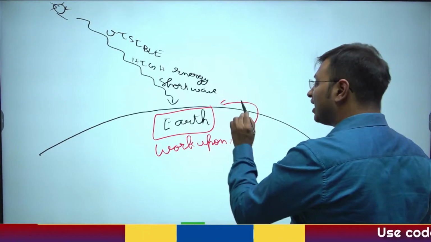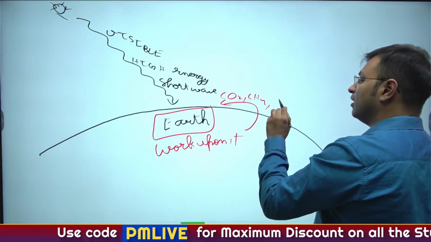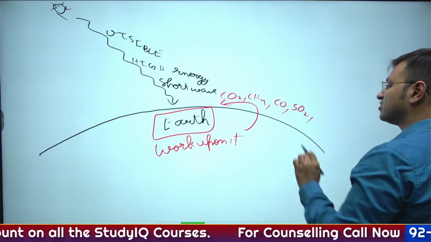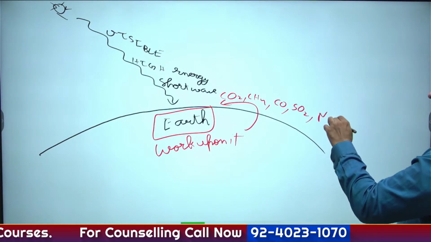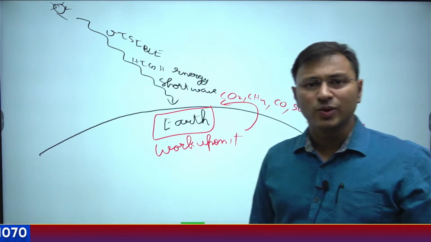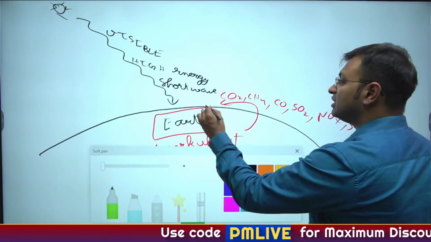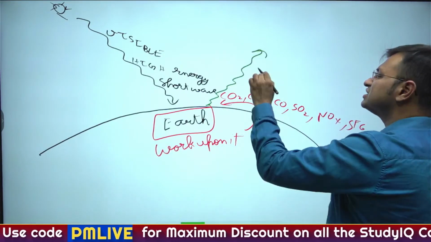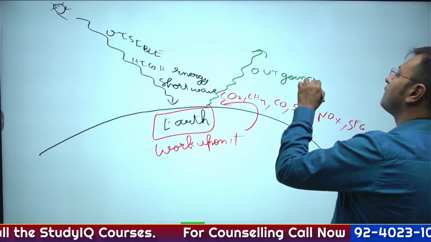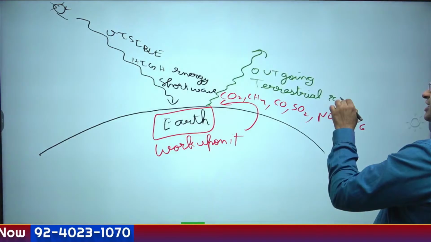And to this, now if we are pumping more CO2, more methane, more carbon monoxide, more sulfur dioxide, more and more nitrous gases, more and more SF6, what is going to happen is, when the earth works upon it and releases its terrestrial radiation, this is basically outgoing terrestrial radiation, right?